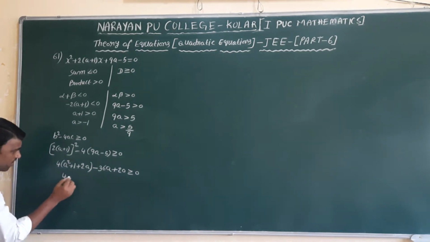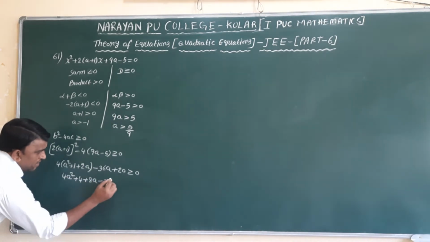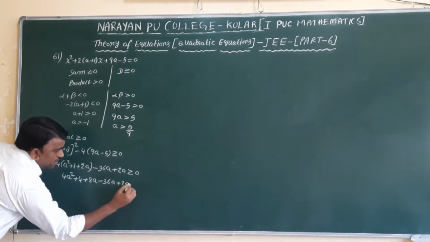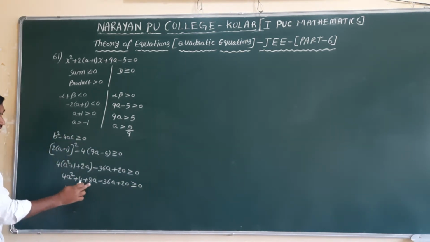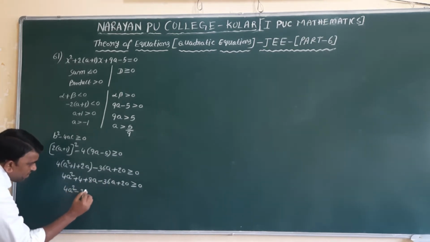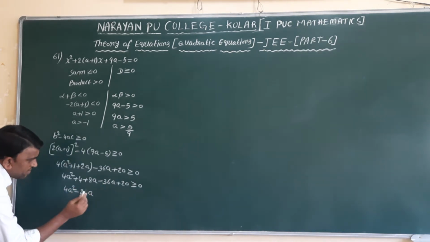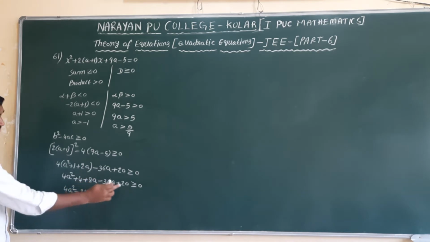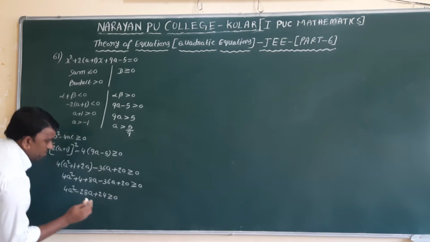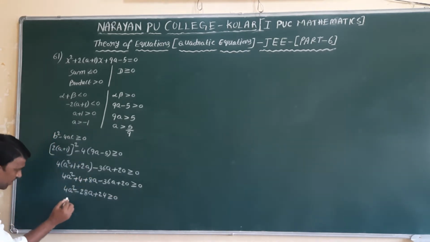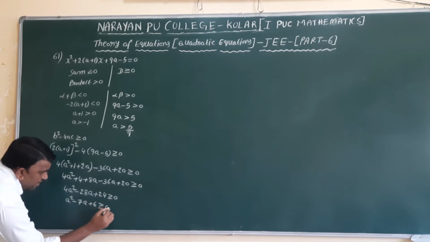So 4a square plus 4 plus 8a minus 36a plus 20 is greater than or equal to 0. 4a square plus 8a minus 36a is minus 28a. Next, plus 20 and plus 4, 24, is greater than or equal to 0. Take 4 common and divide with 4, positive only: a square minus 7a plus 6 is greater than or equal to 0.